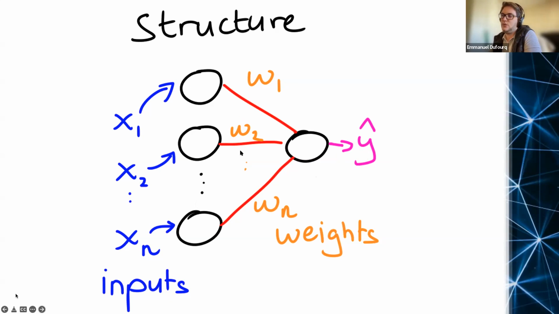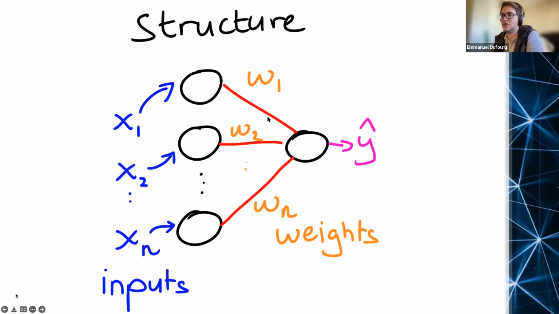So we say that this is fully connected. Every unit on the left is connected to the unit on the right, and there is no connection between units in the input. So our inputs come in here from the left, and each of the edges between the input units and the output units has a weight value.